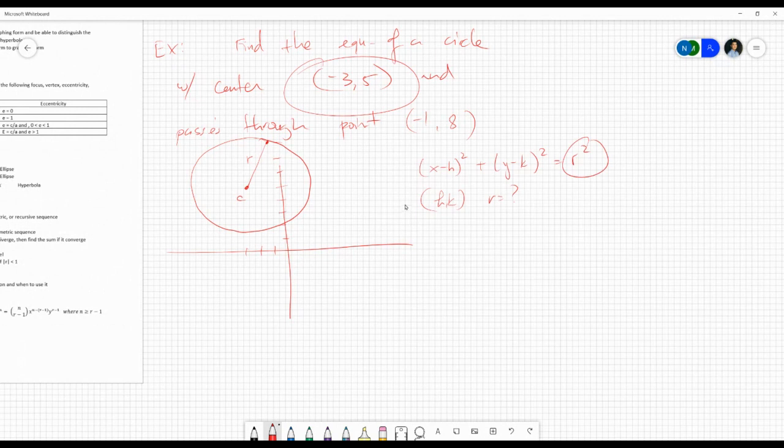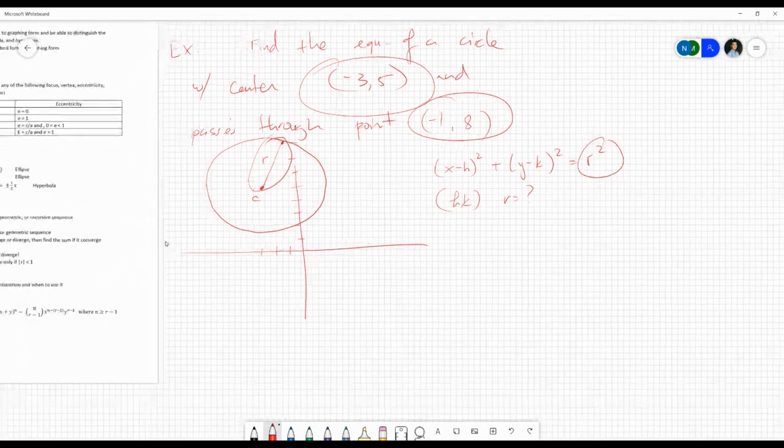Now r can also be easy to find because here you already have the distance from this point to this point. So all you have to do is find out what the distance is here, and you can use the distance formula to do that because you have 2 points. Okay, so it's that easy. Okay, now I mean you can plug it in here and use the distance formula, which is nothing more than the Pythagorean theorem.